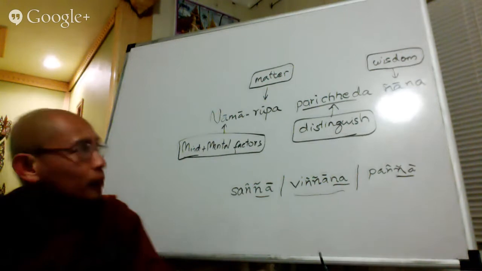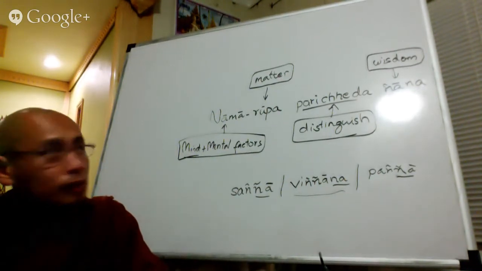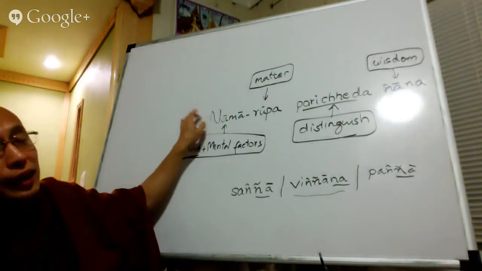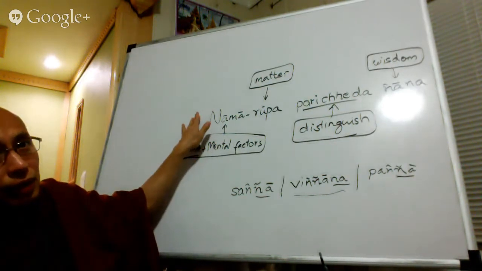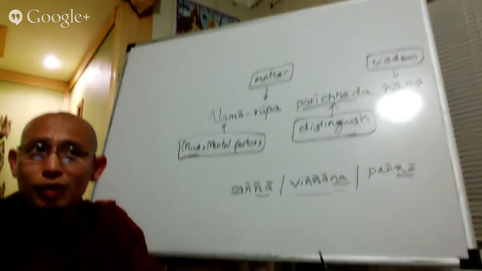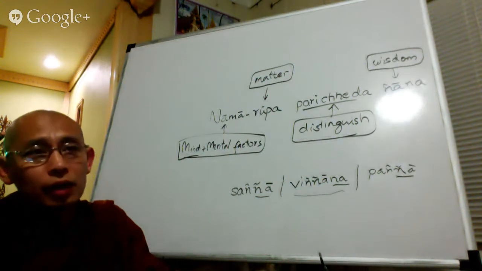If you would like to say without wisdom, it means without vipassana jnana, vipassana wisdom, insight meditation wisdom, but there is still some kind of wisdom, a different level of wisdom.